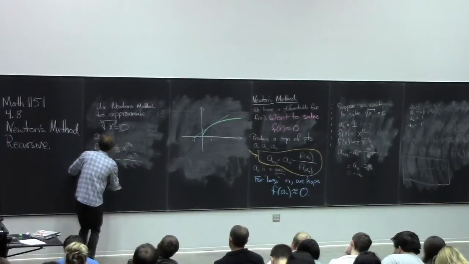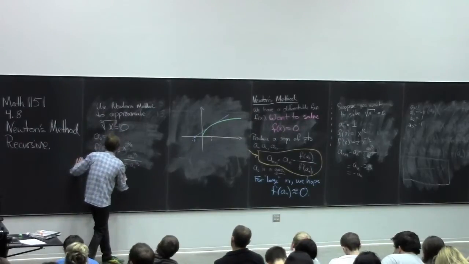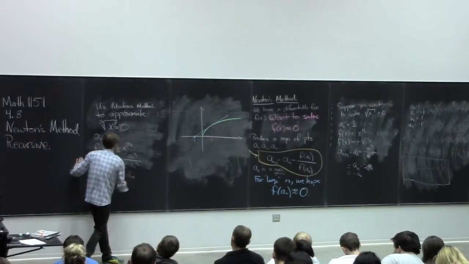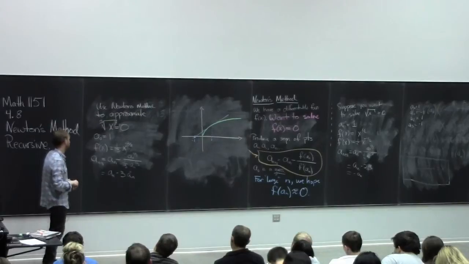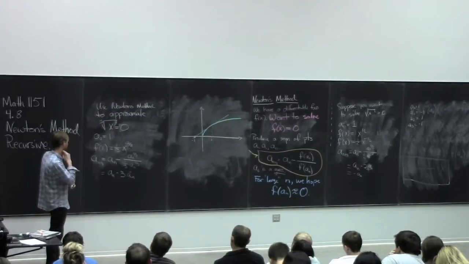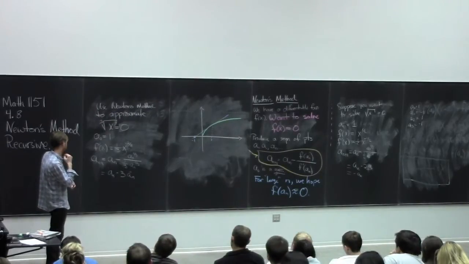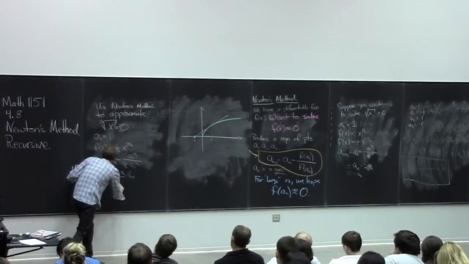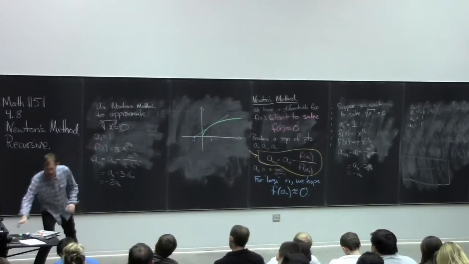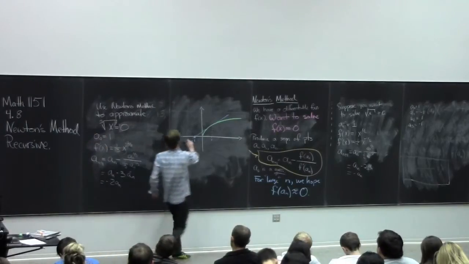This is equal to a n minus 3 times a n. And what's a n minus 3 times a n? Equals minus 2a n.